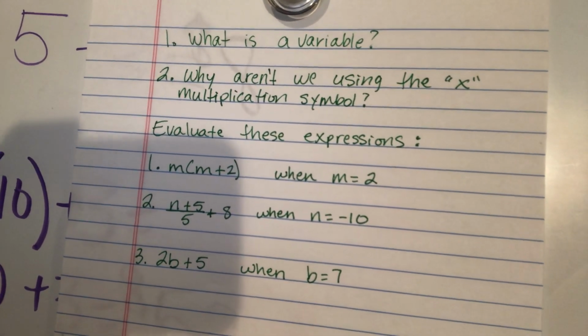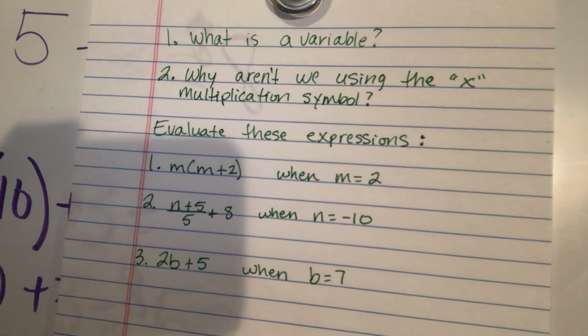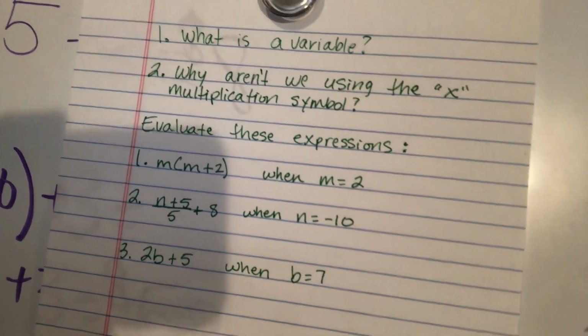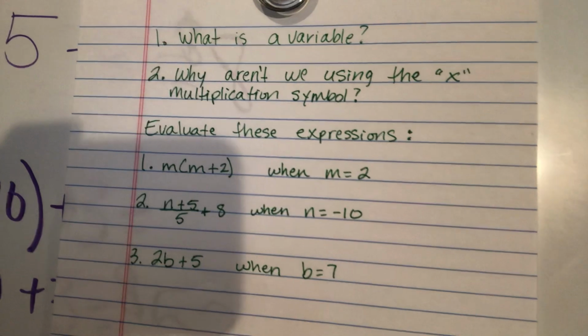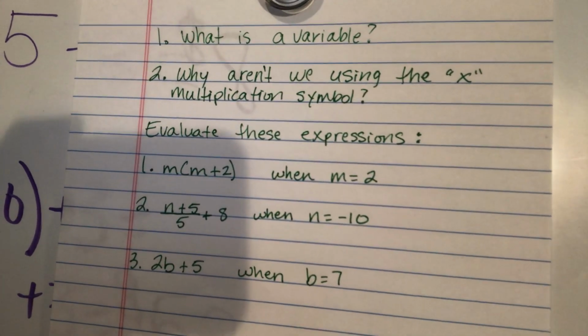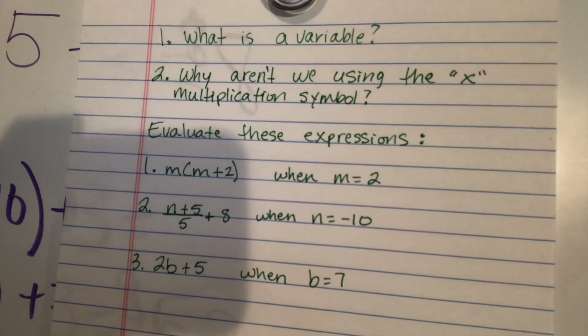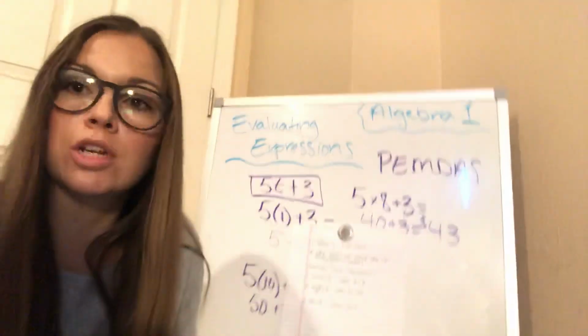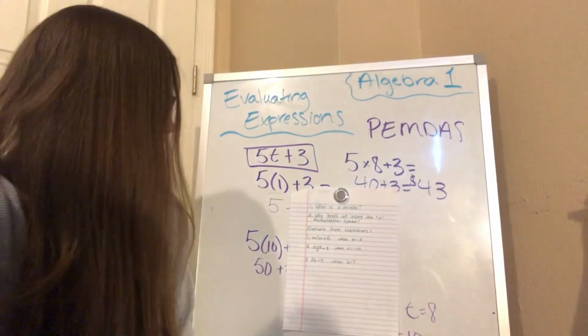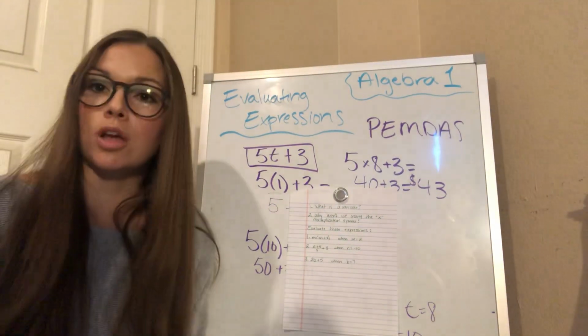N plus 5 over 5 plus 8 when n equals negative 10. And 2b plus 5 when b equals 7. Okay, remember your order of operations, and you should be good to go.